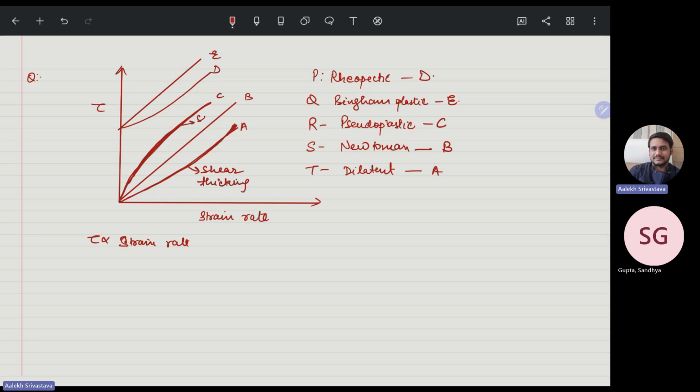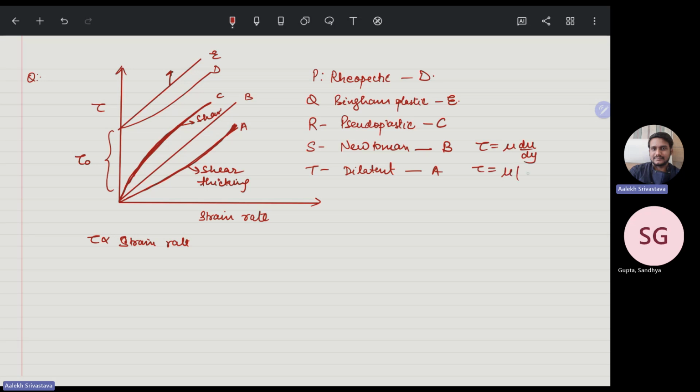This is called a shear thinning fluid, and this is Bingham plastic, that is, it requires some minimum amount of tau zero. So if I write tau is equal to mu du by dy, this is the relation.